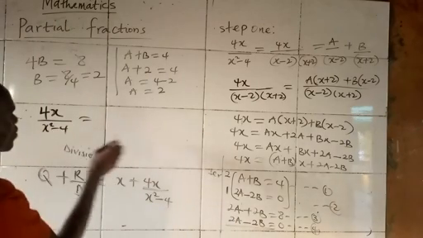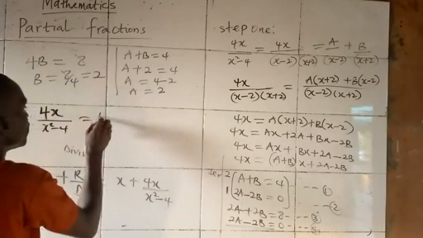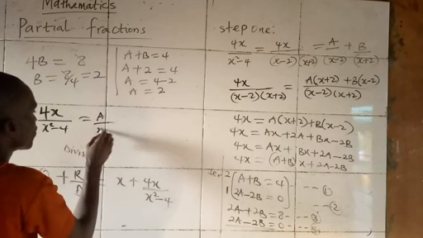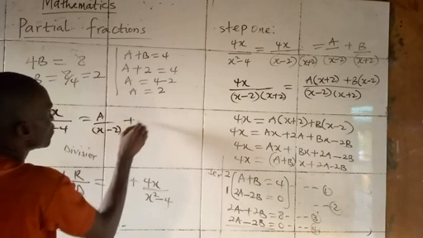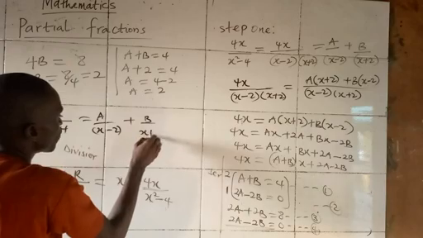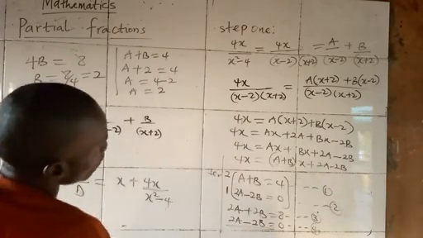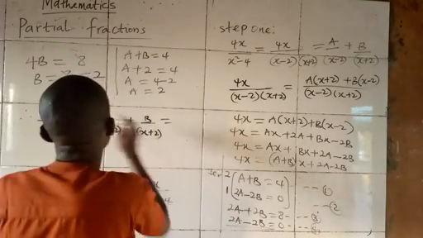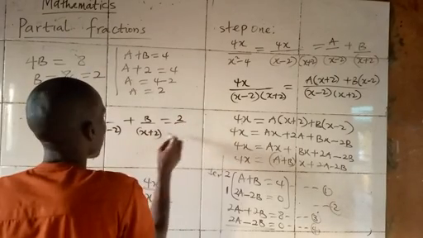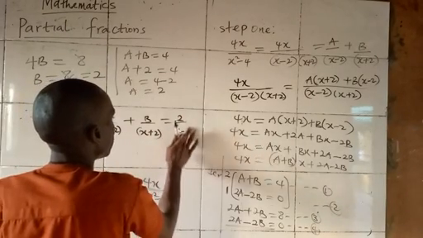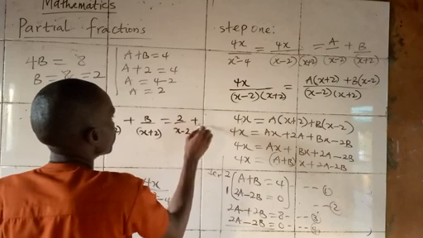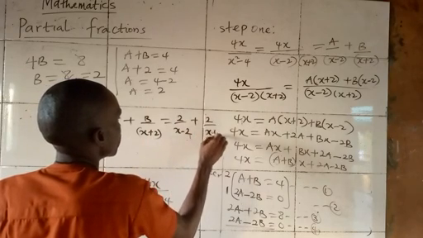Remember we split it, it becomes A over s minus 2, and also B all over s plus 2. At the end, what is A? A is 2. B is 2 over s minus 2, and B there is 2 also, 2 all over s plus 2.